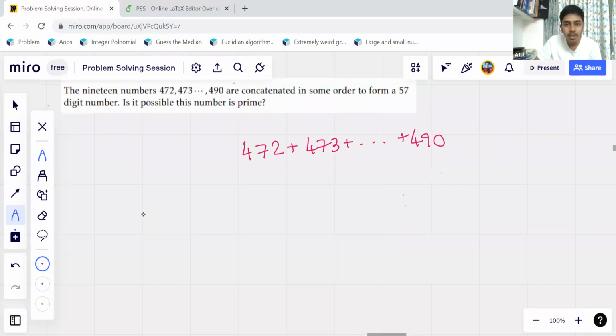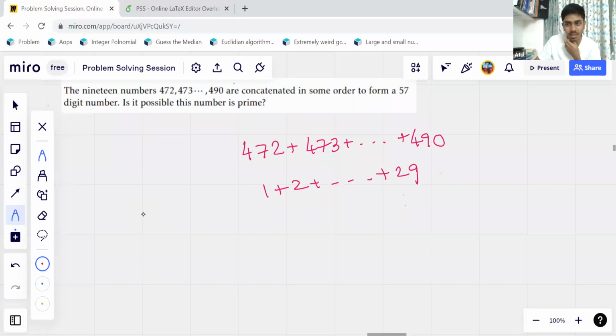How do you calculate this? You can just subtract 450 from everything. Okay, this is just 1 plus 2 plus whatever till, what is this? 29. And it's divisible by 3?